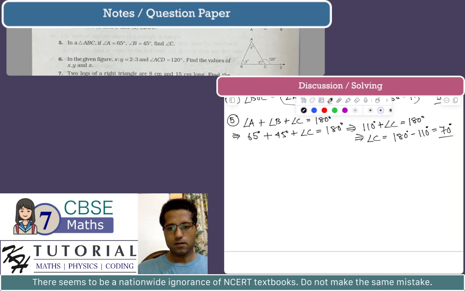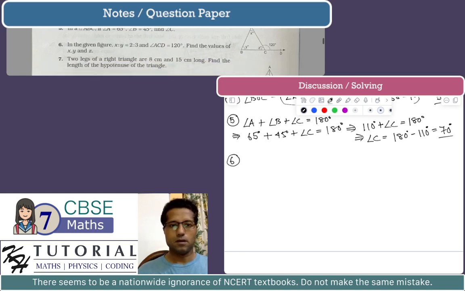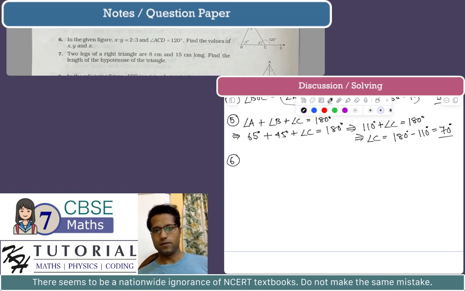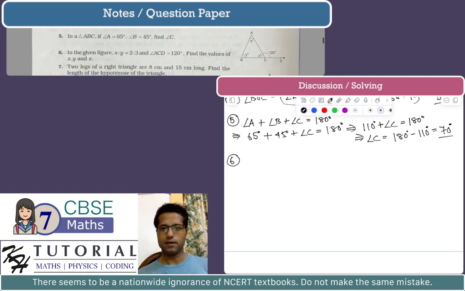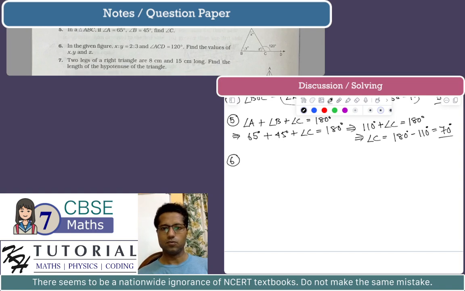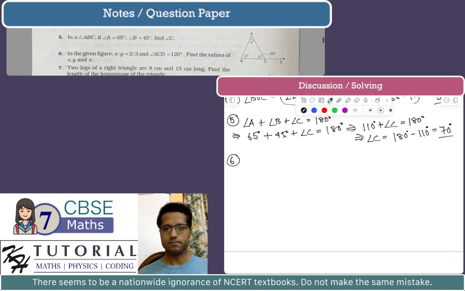Okay. Problem number 6. In the given figure, we have triangle ABC. BC is extended to produce point D. Okay, so we have a triangle ABC.